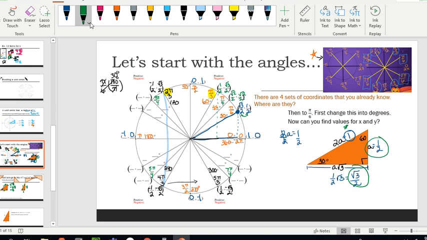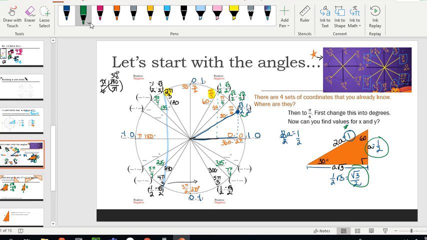And now I need to add the 45 degrees in. This was 135 degrees. 45 on top of 180 will give me 225. 45 on top of 270 is 315.